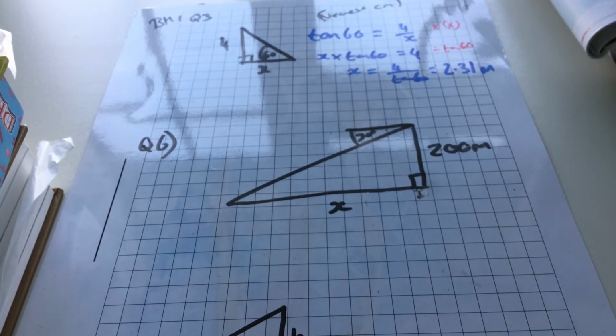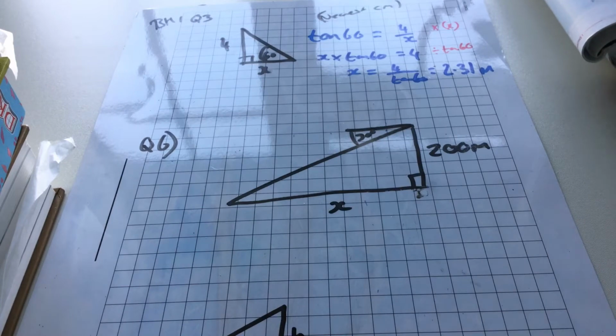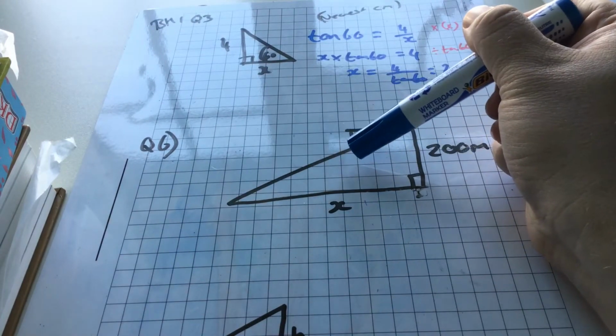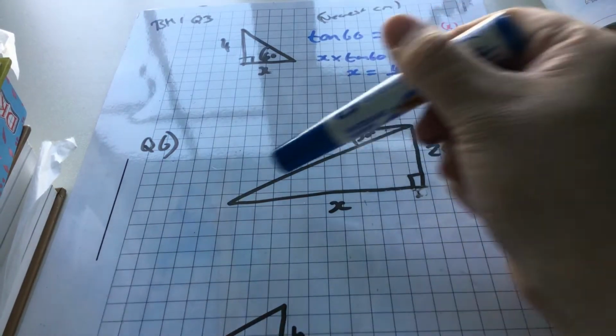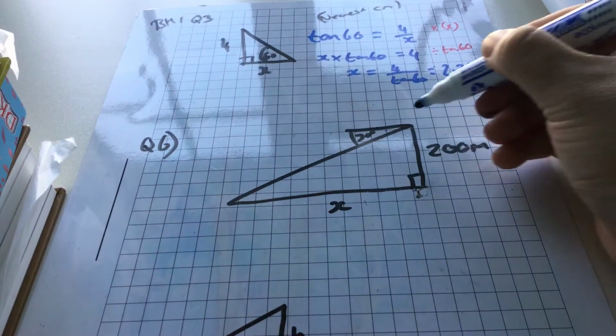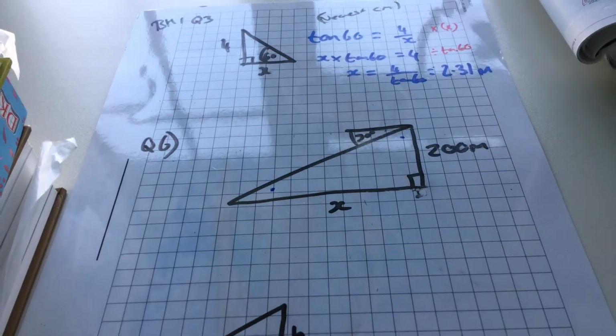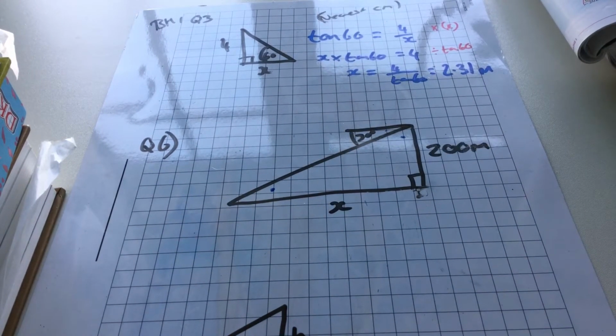So here's the triangle. So angle of depression is from the horizontal down is 30 degrees. Now, if you look at the triangle, I either want to know this angle or I want to know this angle. There are two options.